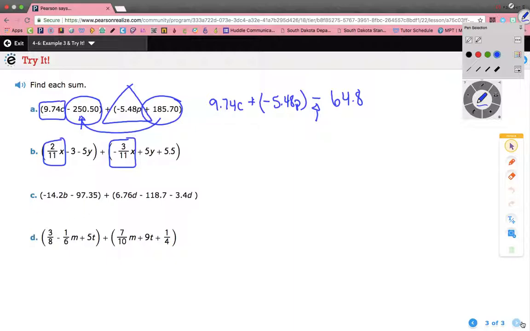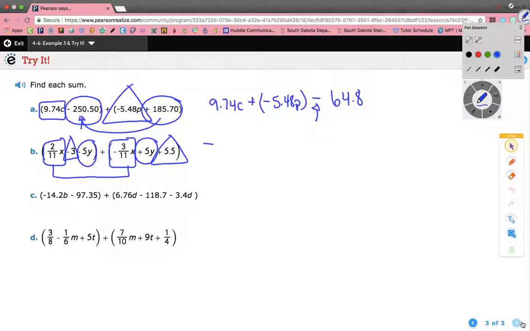This is a really skinny constant. We'll use triangles. There's a constant, there's a constant, there's a y, and there's a y. Okay, so we have 2/11 x minus 3/11 x. Okay, it's going to be negative because negative 3/11 has the greater absolute value.